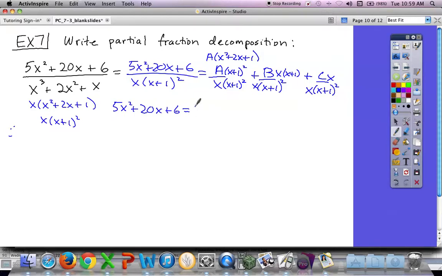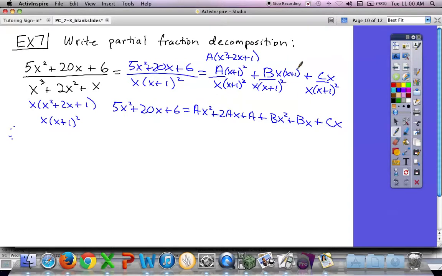So that'll be Ax squared plus 2Ax plus A plus Bx squared plus Bx plus Cx. Do you see that? I multiplied the A times all of those. Then I did the distributive property here, Bx squared plus Bx, and the Cx is by itself.